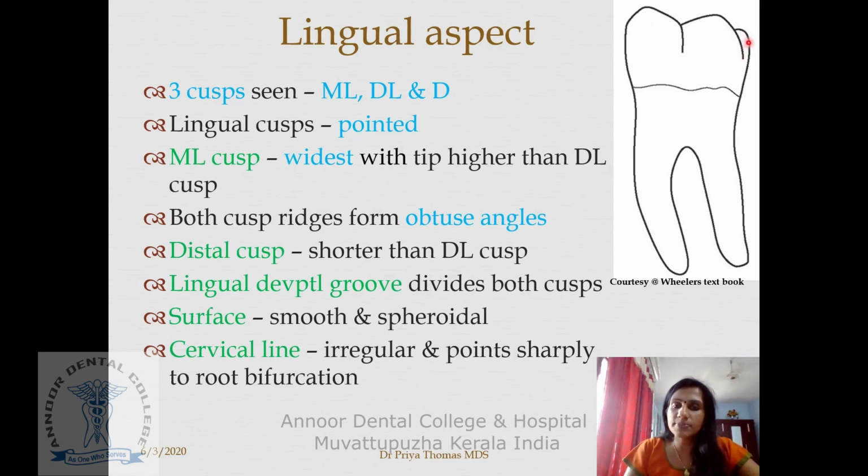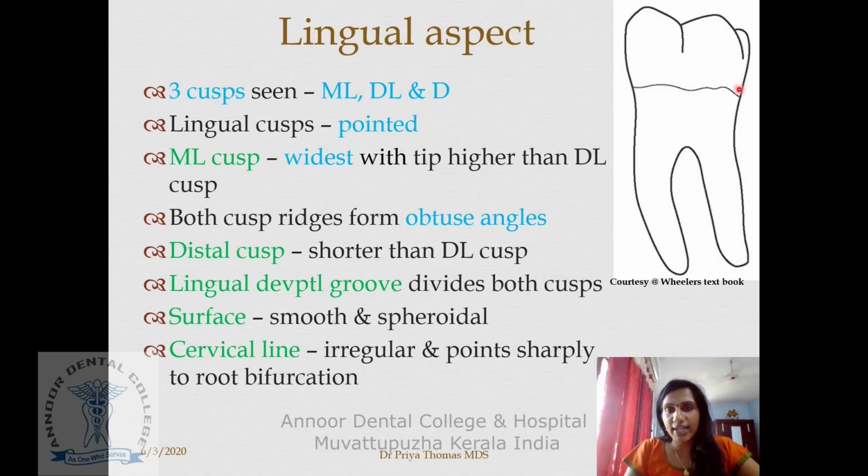Your distal cusp is much shorter than these two cusps. Other than the cusps, you can see your developmental groove. This groove is your lingual developmental groove, which is present between your mesiolingual cusp and your distolingual cusp. The surface of the tooth is more smooth, rounded, or spheroidal.